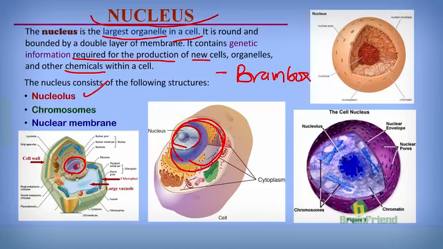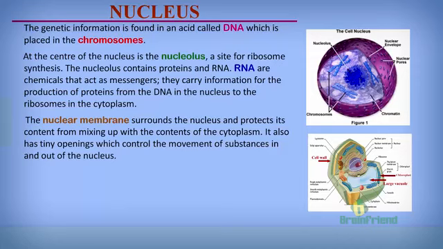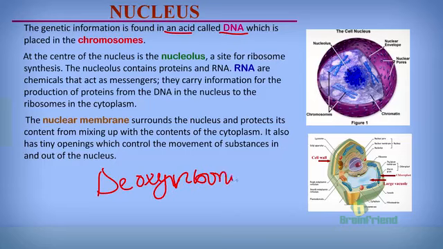The nucleus consists of three major parts: the nucleolus, the chromosomes, and the nuclear membrane. This is the nucleolus. All of these are the chromosomes, and this is the nuclear membrane. We're going to look at these structures one after the other. The genetic information that is carried or given by the nucleus is found in an acid substance called the DNA. DNA stands for deoxyribonucleic acid.